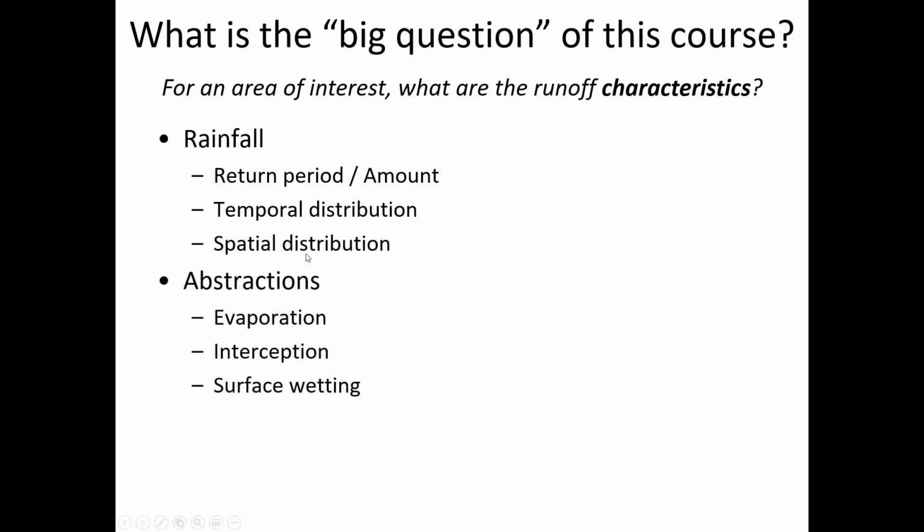And the abstractions, we've talked about different models and approaches to estimate evaporation. So the combined method, which takes into account both energy effects and aerodynamic effects. We talked about how the effect of vegetation can be accounted for, and interception with buildings, how that would reduce the amount of precipitation that ultimately turns into rainfall excess, and things like surface wetting and the depth of a storm that maybe is going to be bound to a surface and how that varies by slope.